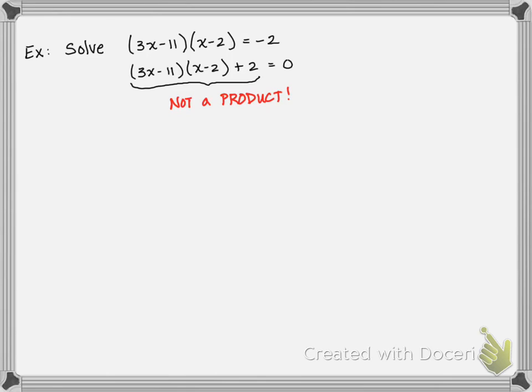I'm going to have to simplify this before I can factor it, because there's no way I can incorporate that 2 in unless I write this whole thing as a bunch of terms being added together. And so we're going to distribute.